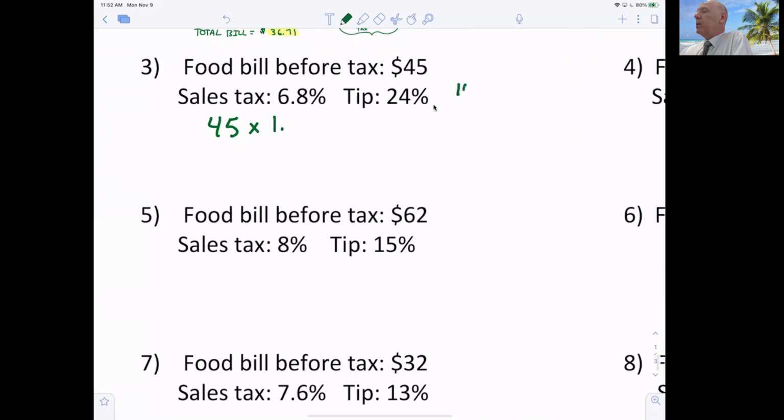You're right. That's 106.8. But what is it as a decimal? That's a percentage. Right. Do 1.068. $48.06.